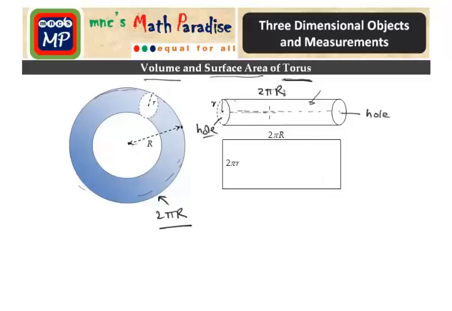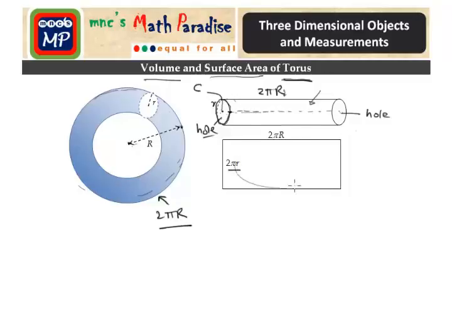So if we cut its edge and make it a rectangular shape, then this length 2 pi R will remain as it is, and if we start from here and come round, that is a circle circumference. So this edge will be the circumference of the circle, which is 2 pi r. So first we cut this torus from here, make it a cylinder, and then we cut this cylinder edge and straighten it up as a rectangular face.